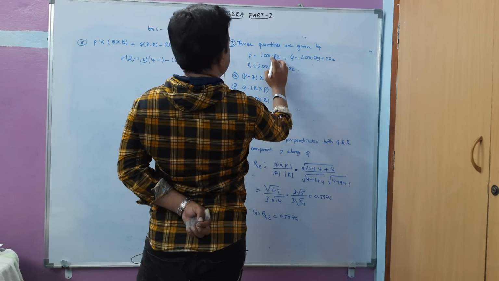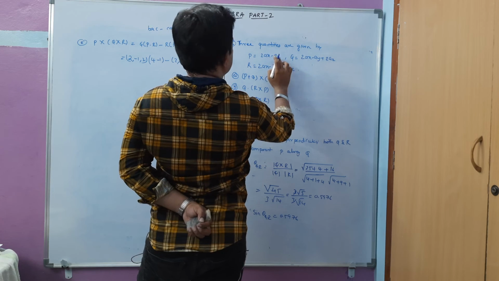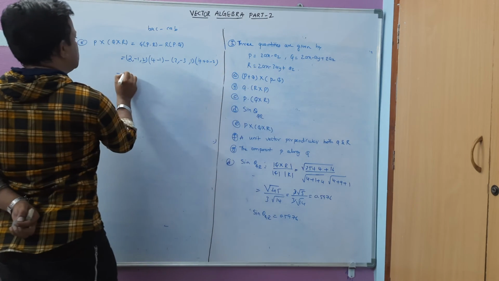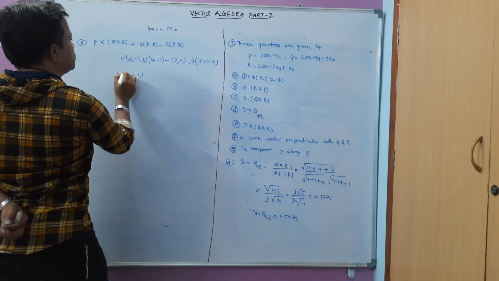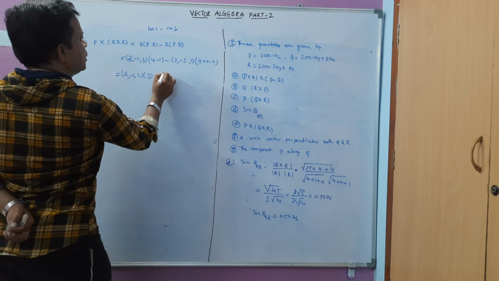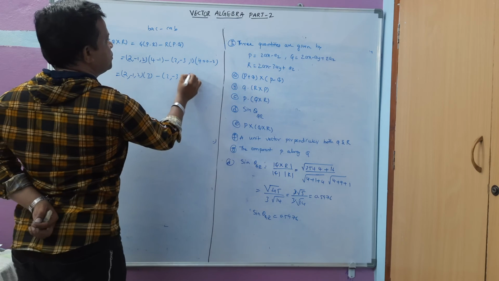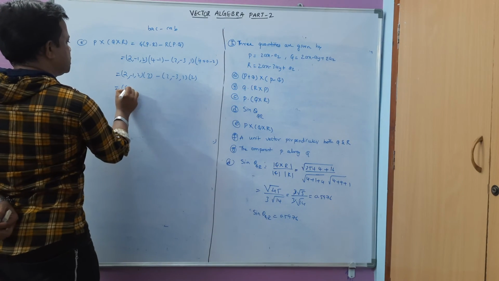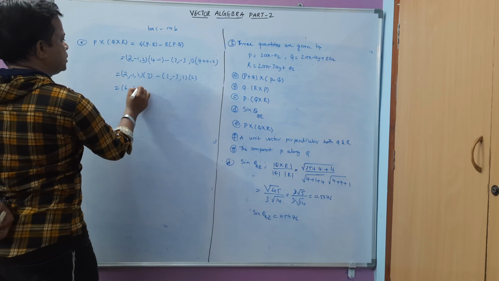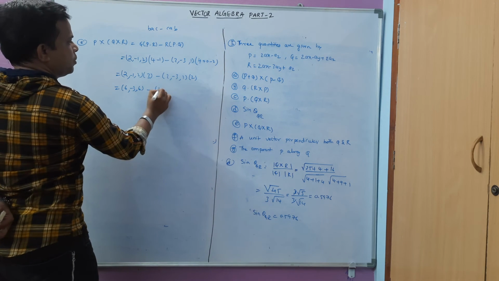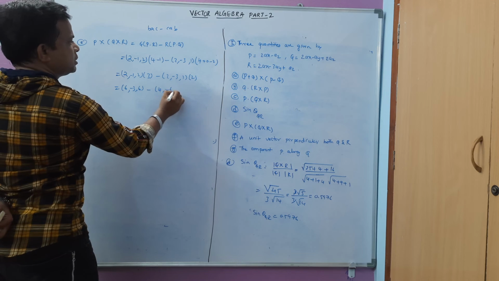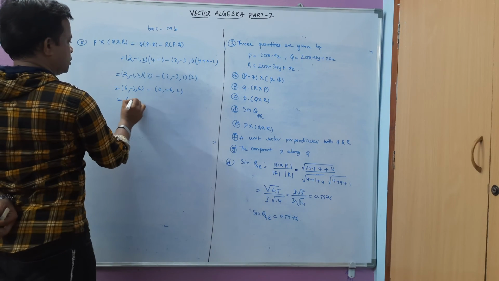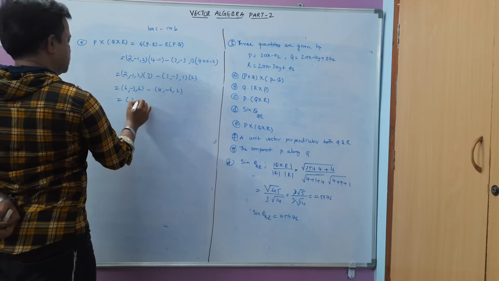So 2 into minus 1 into 2, into 3, 2 comma minus 3 comma 1. 4 minus 2 is 2 only. So I can write here 6 minus 3, 6 minus 4, 3 is minus 6, 2. So it will be giving me 2 comma 3 comma 4.